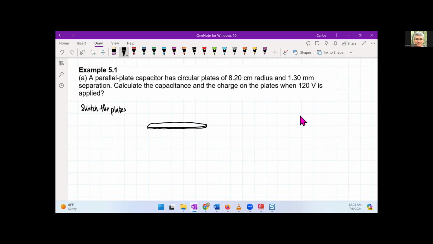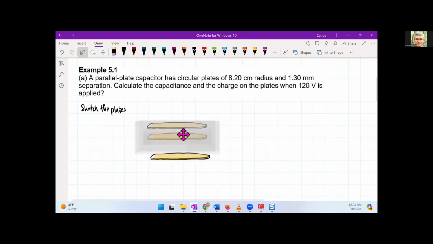So this will be my top plate. Then right below that, I have a second plate. So you can see that I have two plates here.